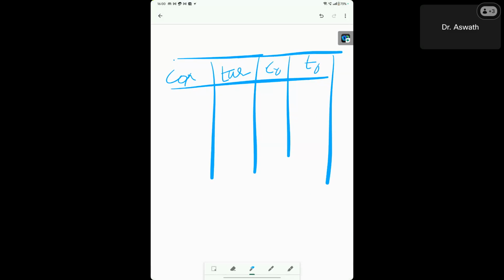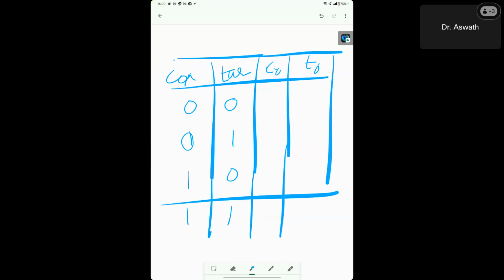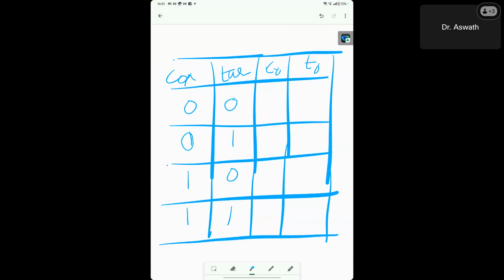Control can be 0 or 1, and the target can take two values. So control is 0 with target 0 and 1, and control is 1 with target 0 and 1. What I'm saying is, when control is 0, nothing should happen to the target.